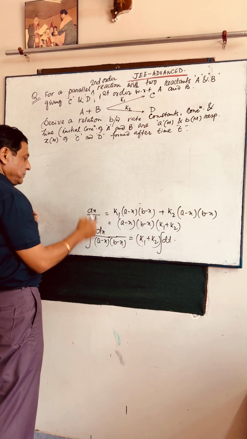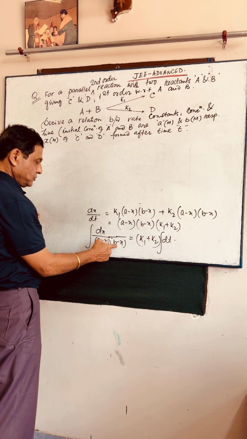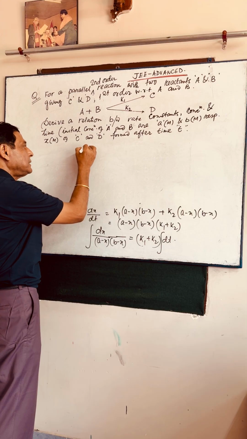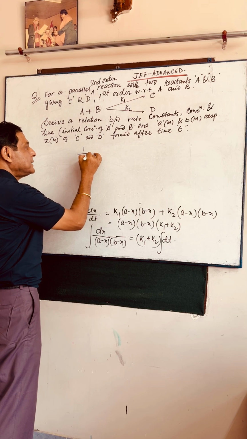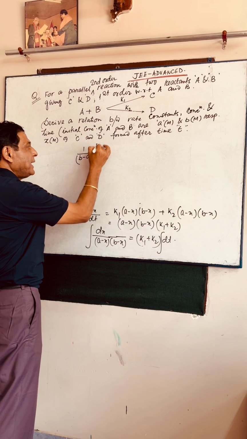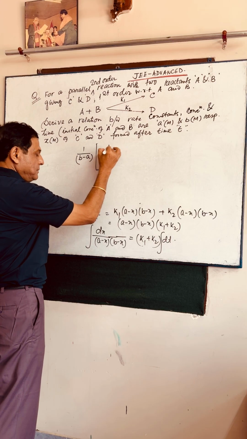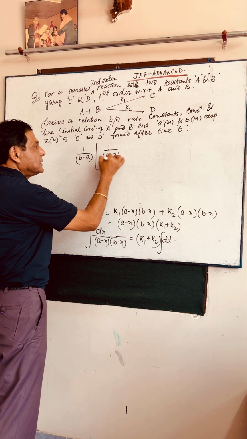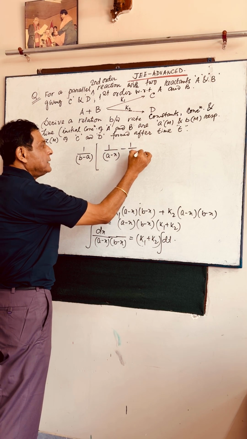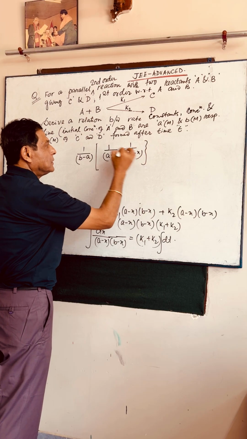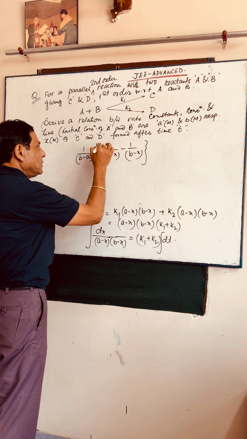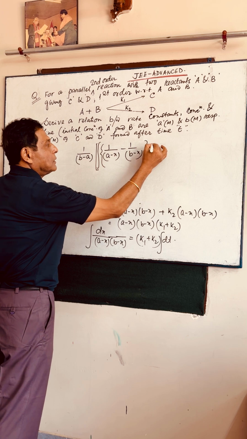For the integration of 1/((a minus X)(b minus X)), we can write, you see, 1 by (b minus a) taken common, and can I write (1 by (a minus X) minus 1 by (b minus X)) dx?